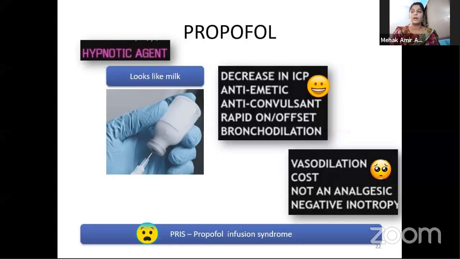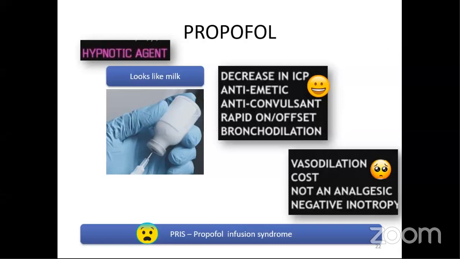So you need to look for these symptoms so that you can properly identify this syndrome. And if you identify this syndrome, you need to stop the infusion, document it, and report it to the physician and the team, so that they could also know this.